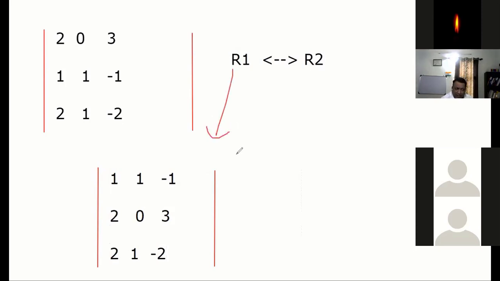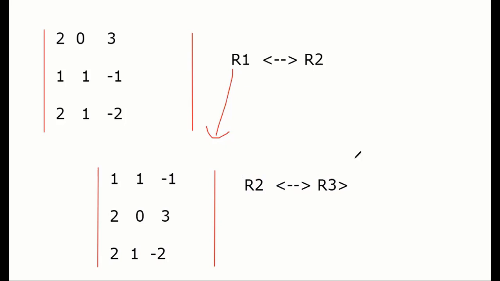Now again, if I change again, say this time R2 and R3, you can put the symbol R3. What happens? Row 2 and row 3 will change. So now my determinant becomes this.